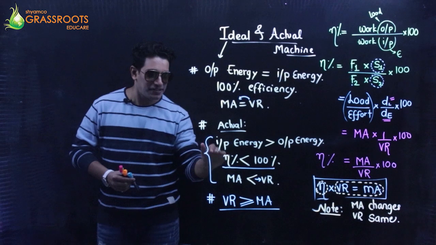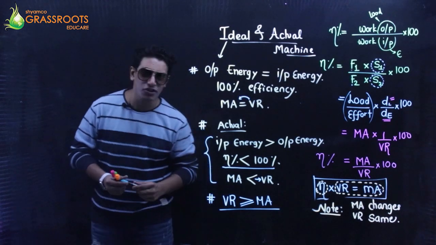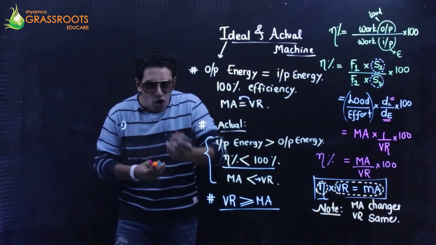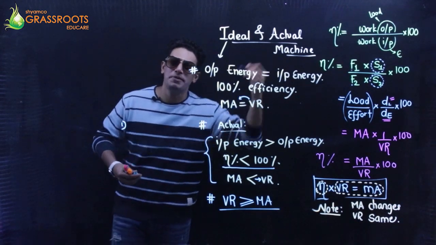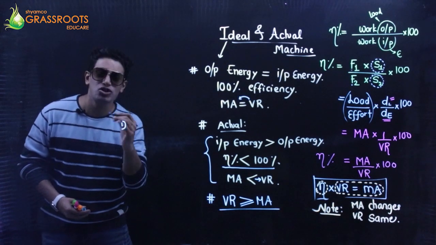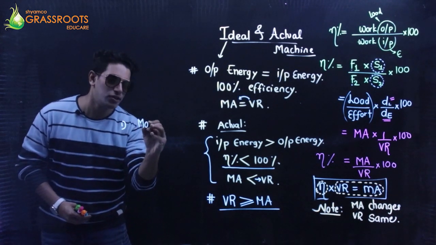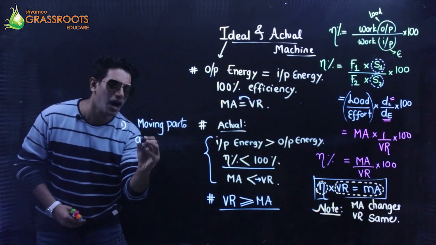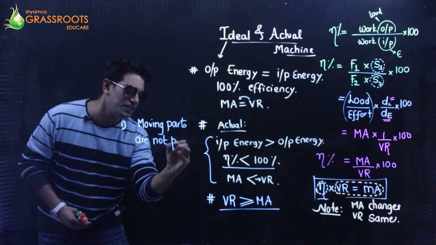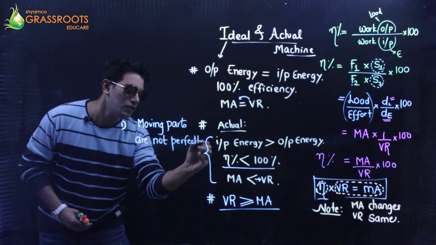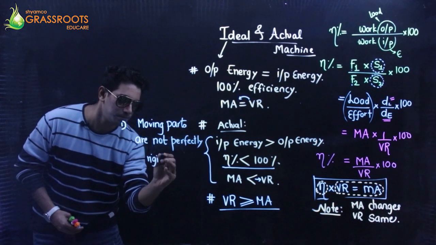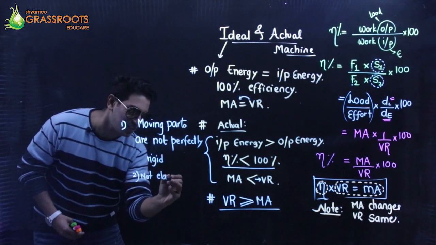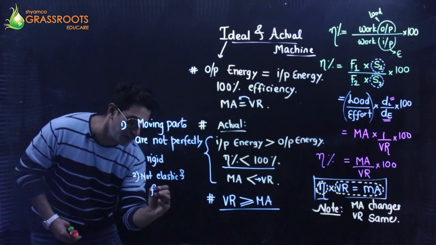I say that the efficiency is less than 100% because remember, when a machine works, it is operated for a longer period of time. What happens to the moving parts of the machine? The moving parts of the machine are not perfectly rigid, they are not perfectly elastic and frictionless.